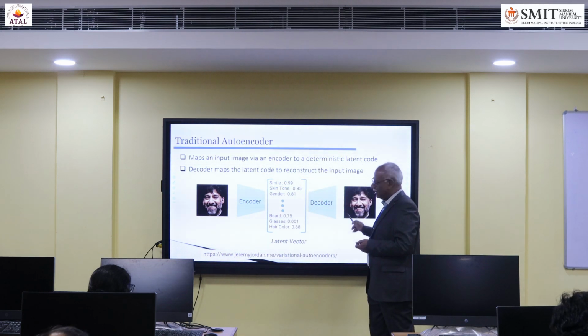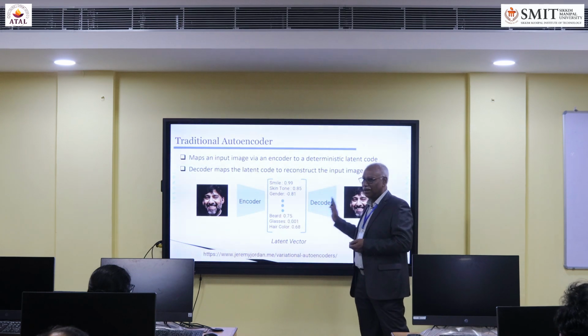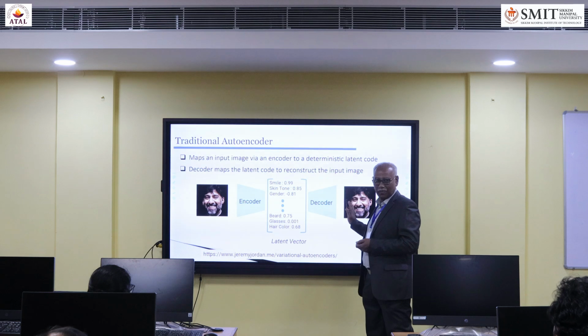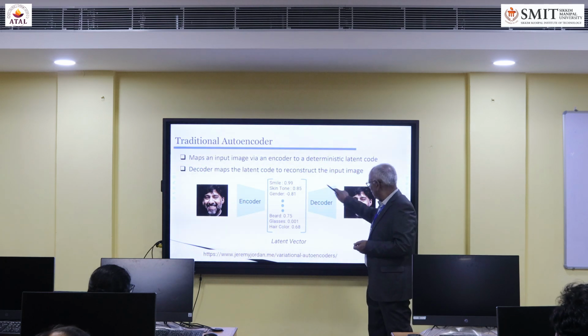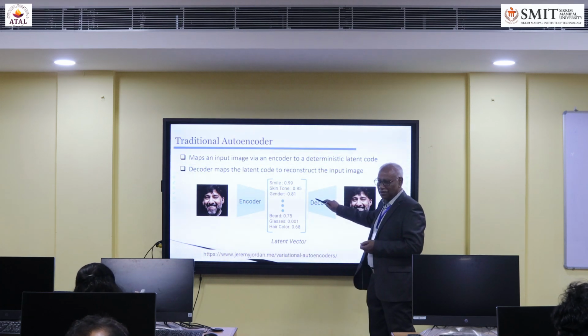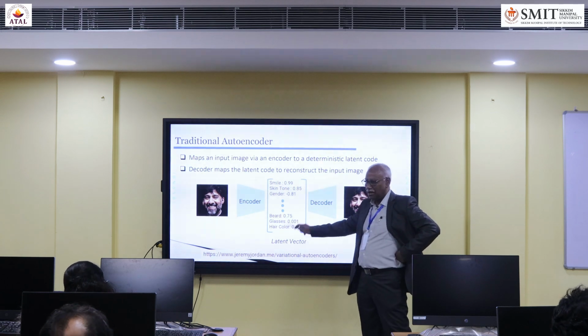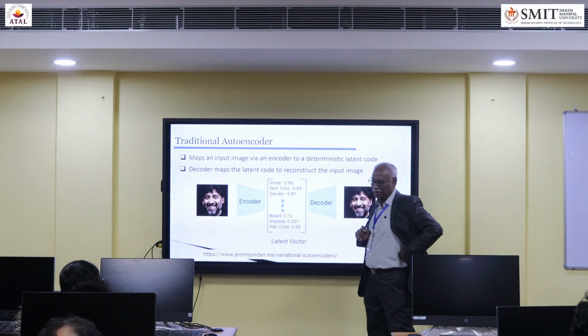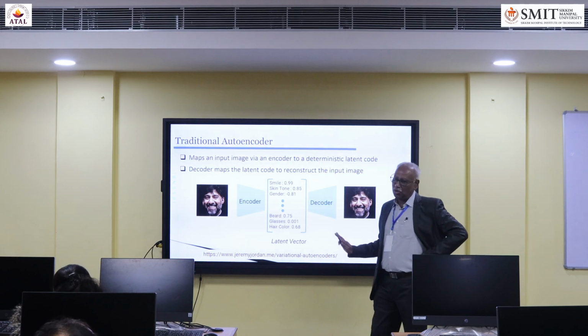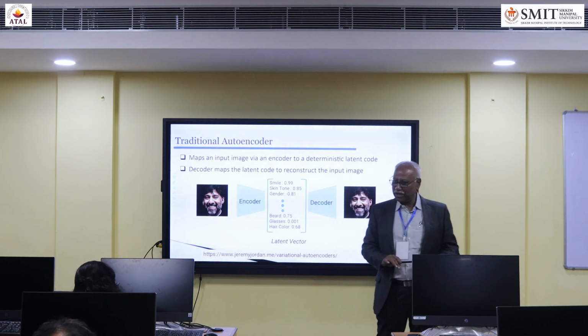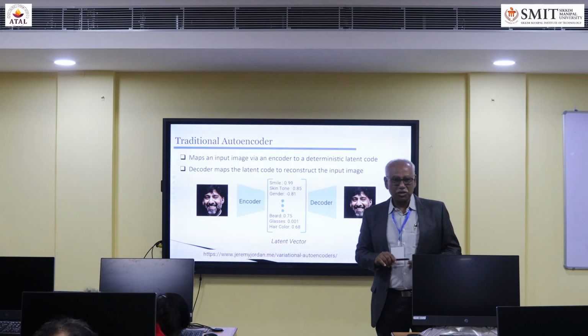And the decoder part takes that feature vector and reconstructs the image. So this is nothing but a generator, which takes the description and generates from that description. It is a sort of generator, I will not deny that. But this generator is not sufficient.